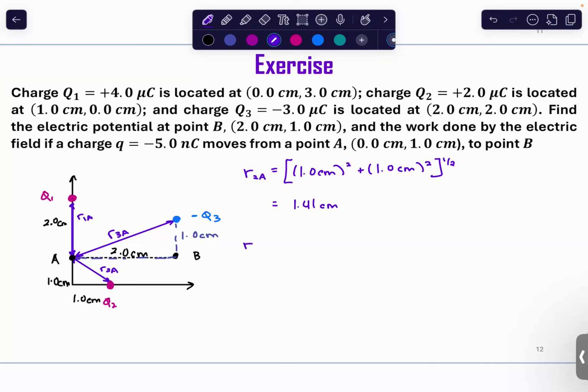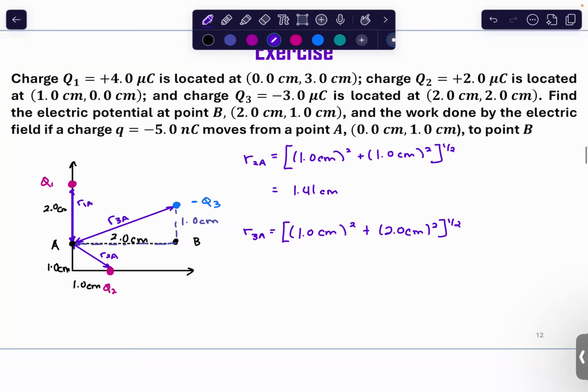Let's see, R3A. All right, so we have all our distances.